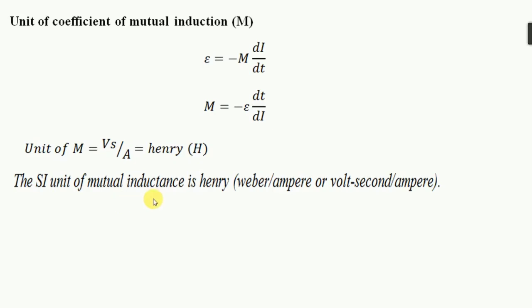So SI unit of mutual inductance is Henry, and other units are volt second per ampere and Weber per ampere. Weber per ampere because mutual inductance is equal to flux by current. So flux is Weber and current is ampere.